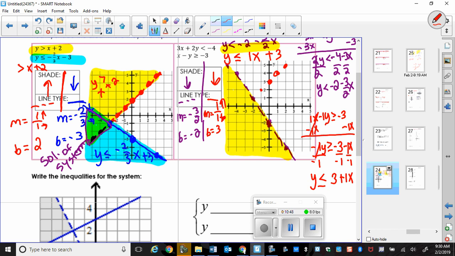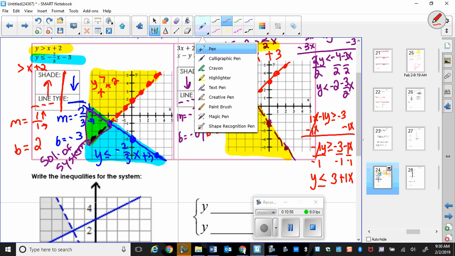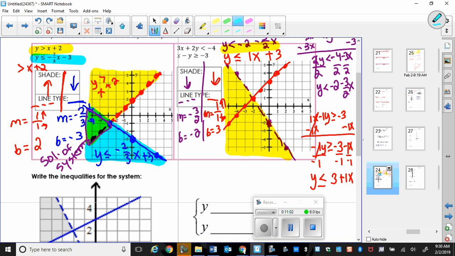If I go backwards, down 1, left 1. Now this is a solid line, and I'm shading below the line. The first thing I see is where the overlap is. That's the green portion. That's the solution to this system.